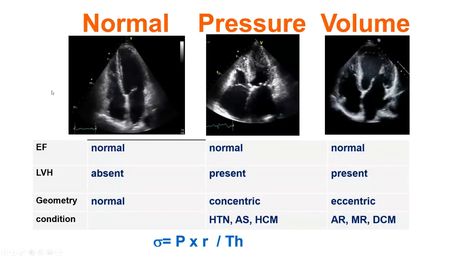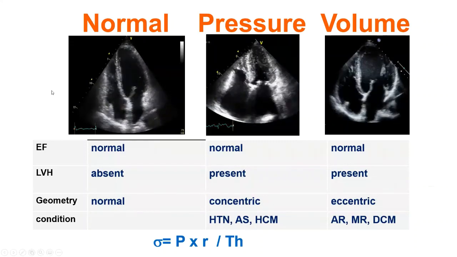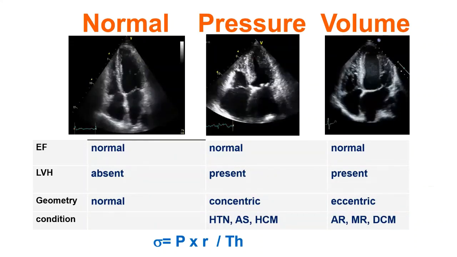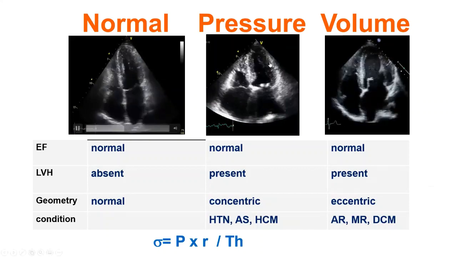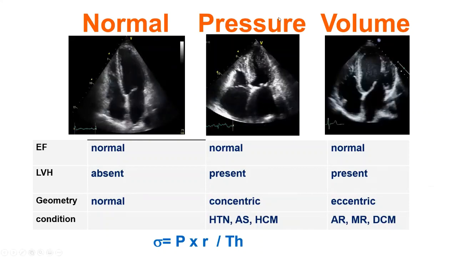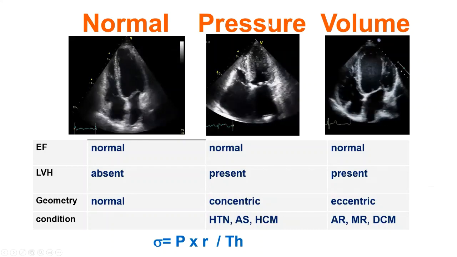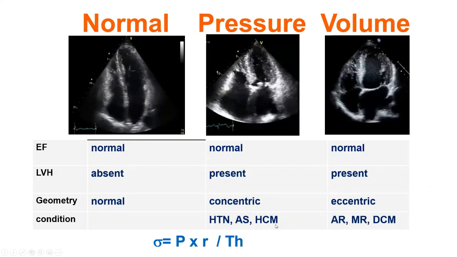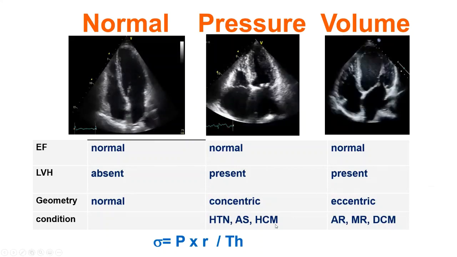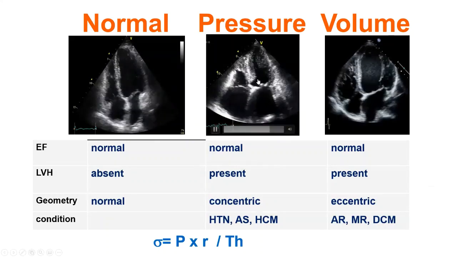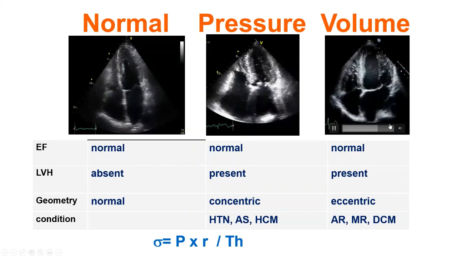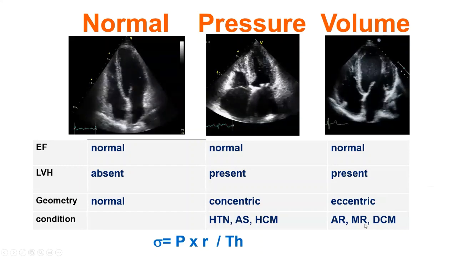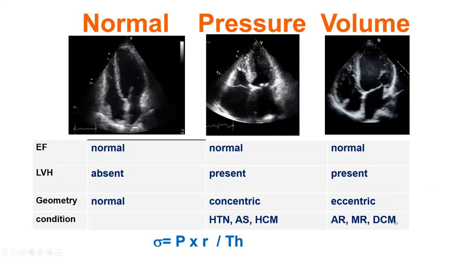Now, when we talk about remodeling of the ventricle, some of it is in accordance with the Laplace relationship, but hearts that are subjected to pressure load, like in aortic stenosis, hypertension, and to a certain extent HCM, will have very different looks to them compared to volume-loaded ventricles, such as are seen in aortic regurgitation, mitral regurgitation, and dilated cardiomyopathy.